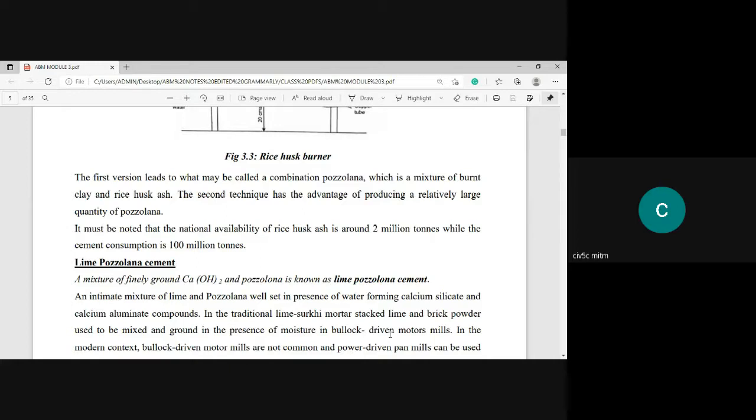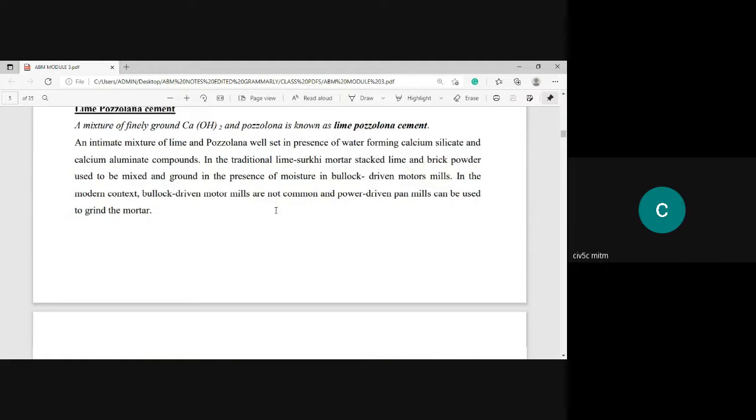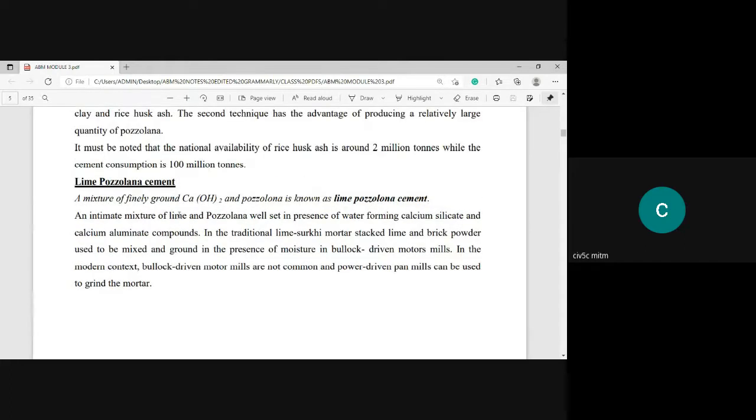Okay, next. With this discussion of raw material production, now let us produce lime pozzolana cement. We know how to produce lime and we know how to produce pozzolana. Now let us blend these two components and produce lime pozzolana cement. Let me define it: a mixture of finely ground calcium hydroxide, that is lime.